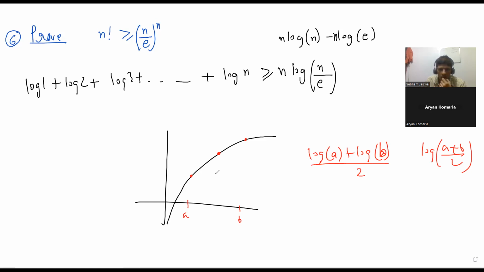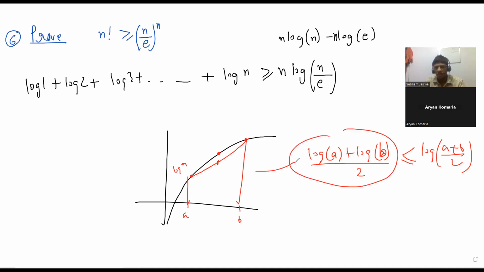Log a plus log b by 2, we have to compare with log a plus b by 2. I think this is bigger. This is log a height, this is log b, and the average height will be on the line, but this quantity is here.